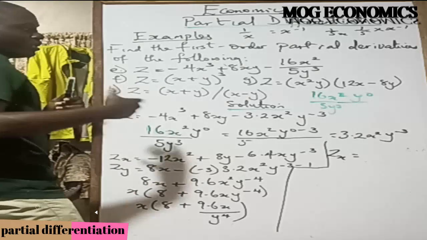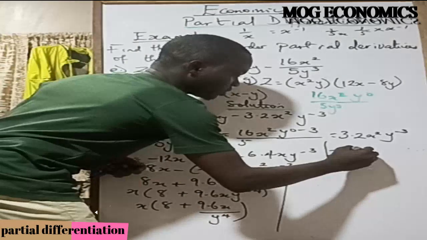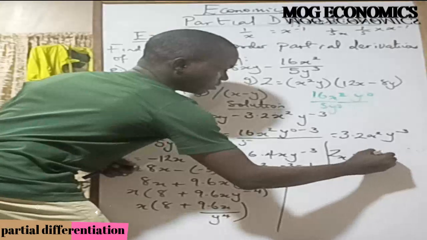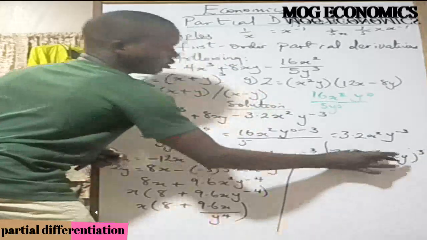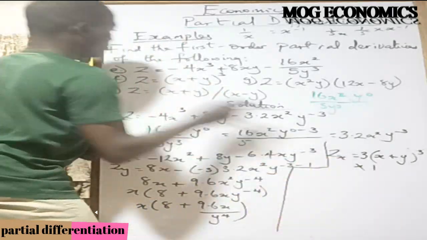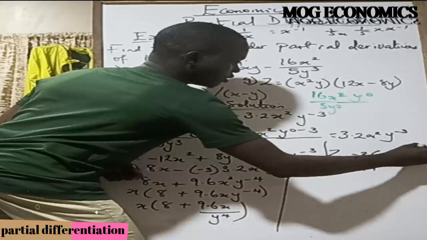But here you are differentiating with respect to x, so you have no business with y. So we have 3 into brackets x plus y, which is still there, because that's how the function rule works. Then multiply by, when you differentiate x, what you have is 1. This is 3 minus 1, which is 2.